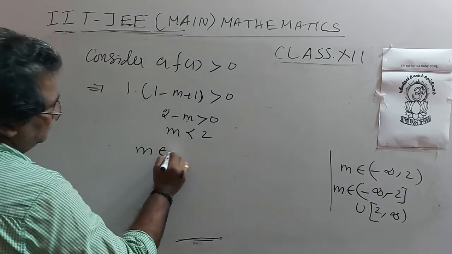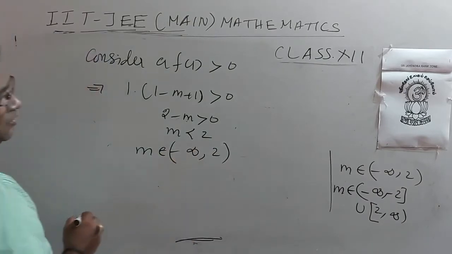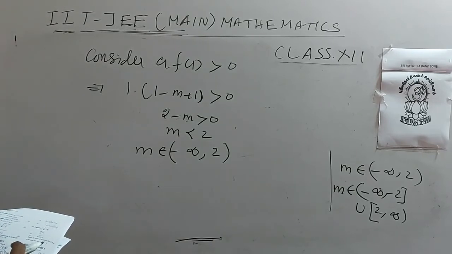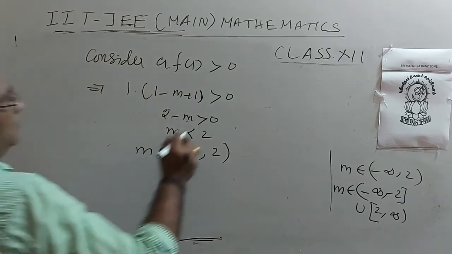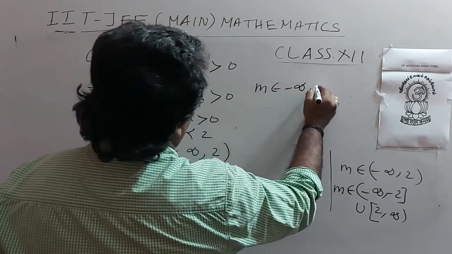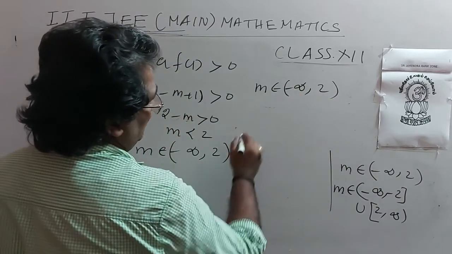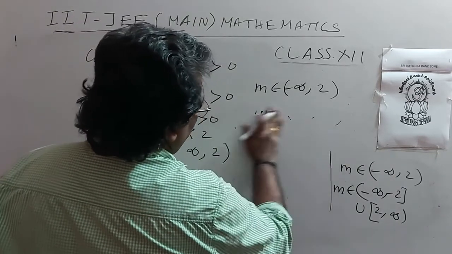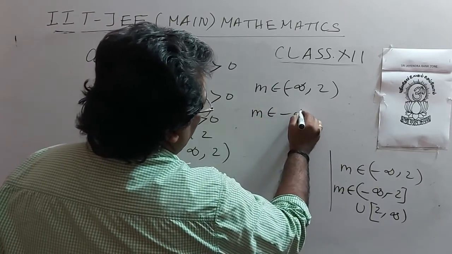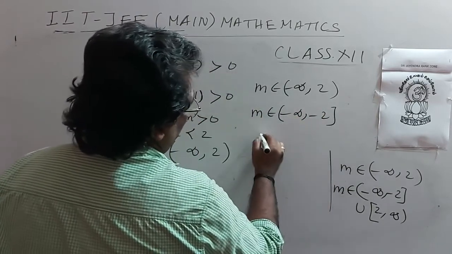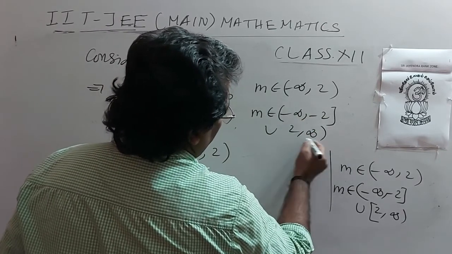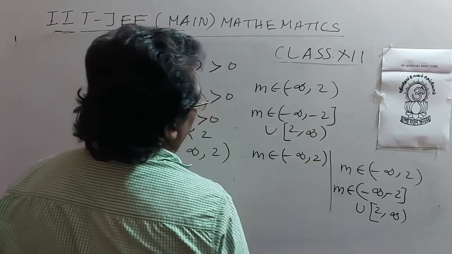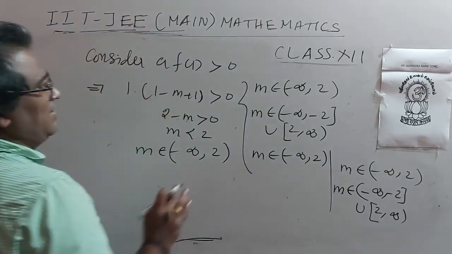M belongs to minus infinity comma 2. We have three cases, and we have obtained these results.